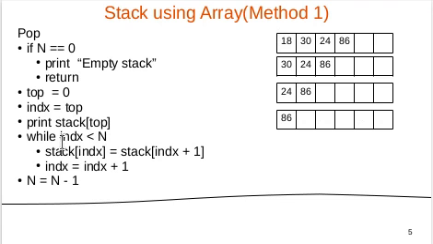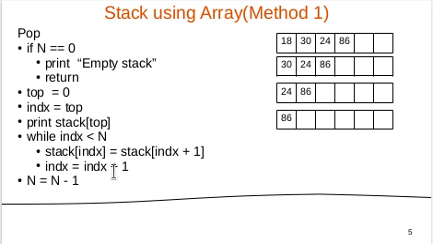Now loop index until n, that means until 4. Stack of index, that means index is now 0, will be replaced by stack of index plus 1. So this will be replaced by this. Now index equals index plus 1, that means this position is replaced by index plus 1, that means this position.